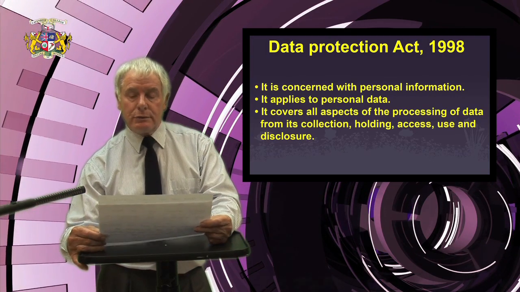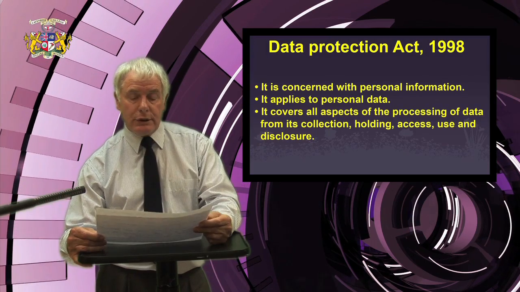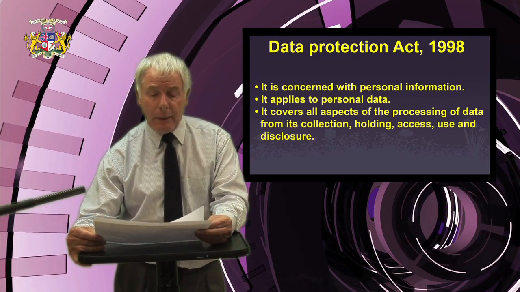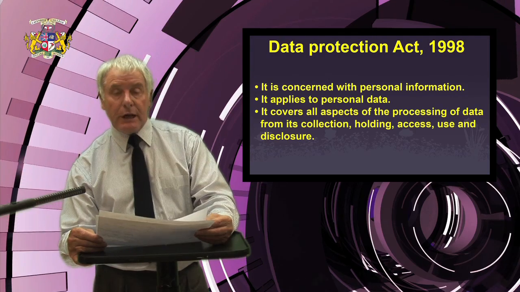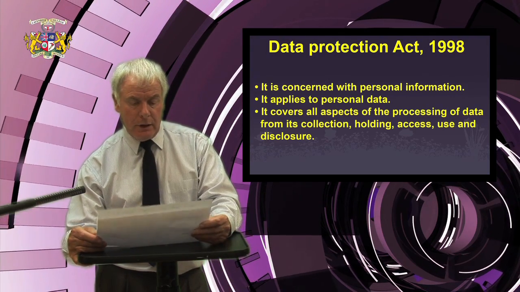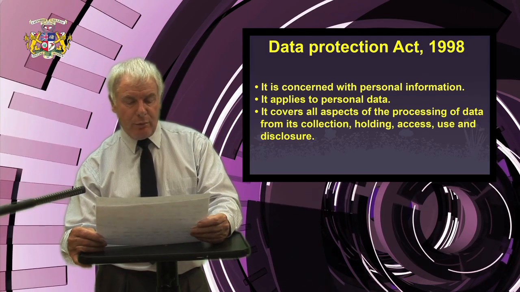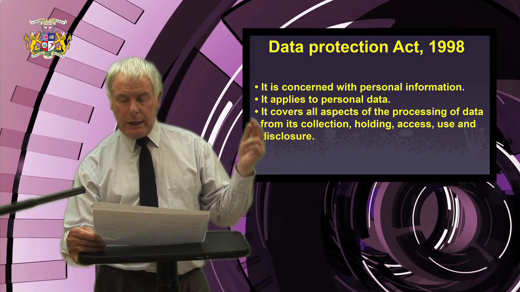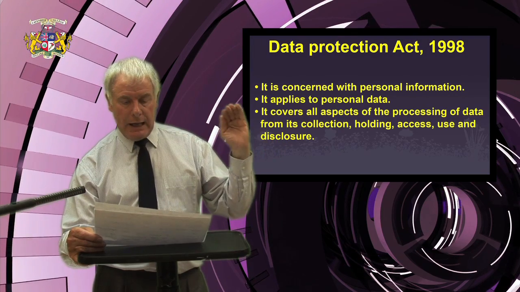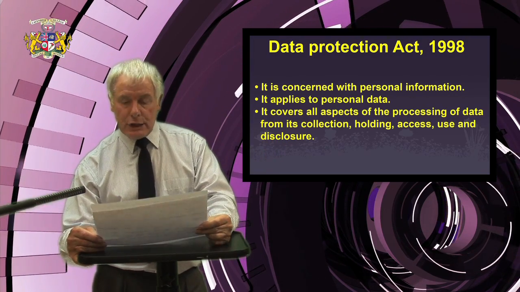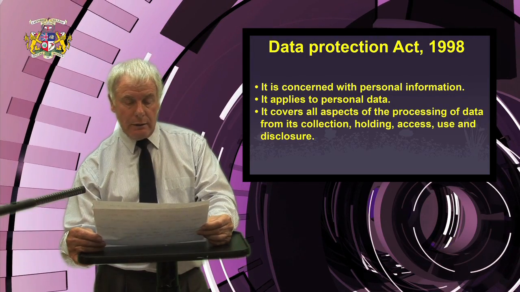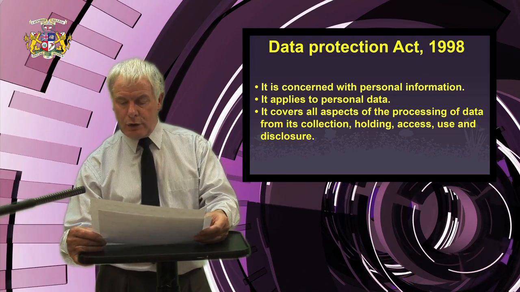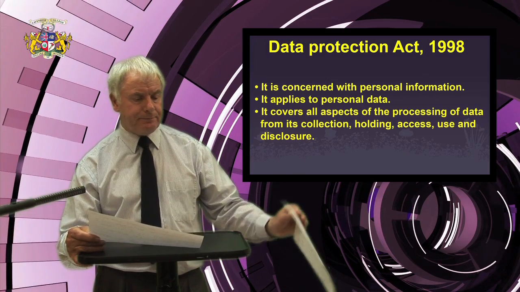It applies to personal data which may be held on computer, manually, or in any other format, and is in a system that is readily accessible. It covers all aspects of the processing of data, from its collection, its holding, its access, its use and disclosure. And organisations must register what is being held and the reasons and relevance of that information that's being held to their particular business.